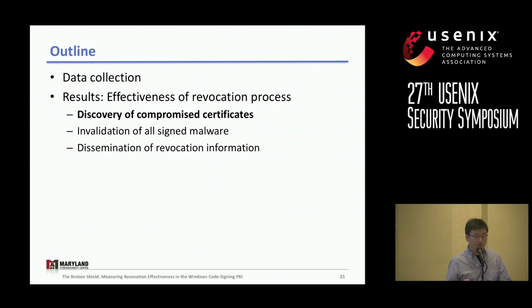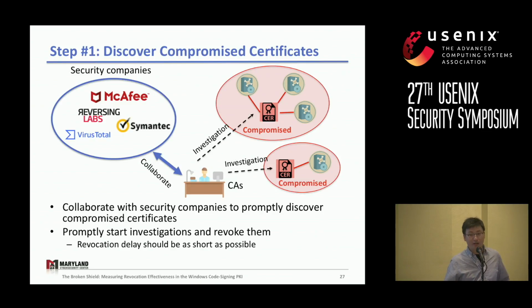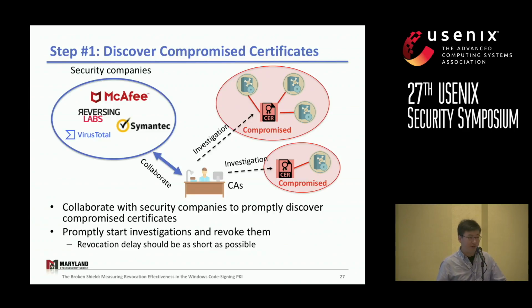So let's take a look at the result in each step. Recall that the CA has to collaborate with the security company on compromised certificates, and then they immediately start an investigation on the compromised certificate and revoke it. So the revocation delay should be as short as possible.